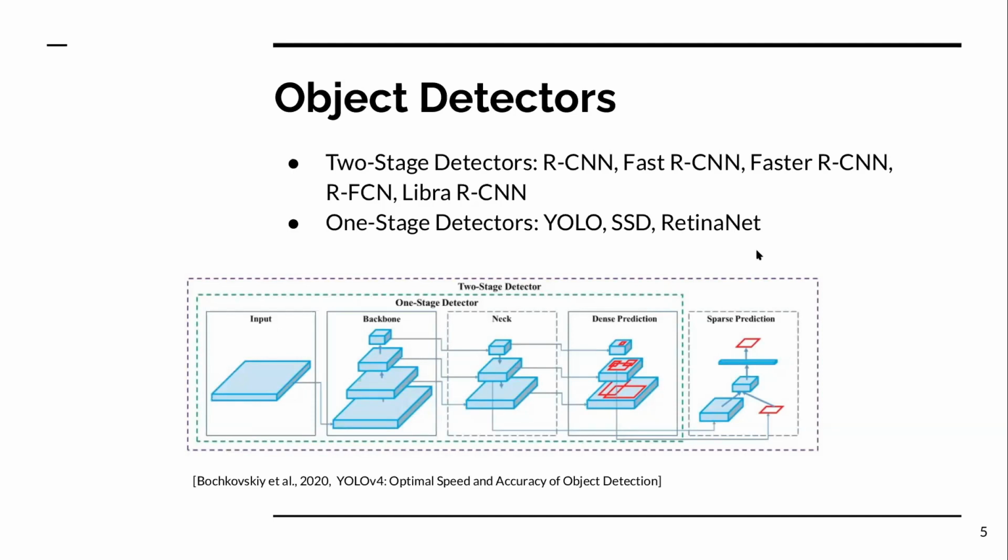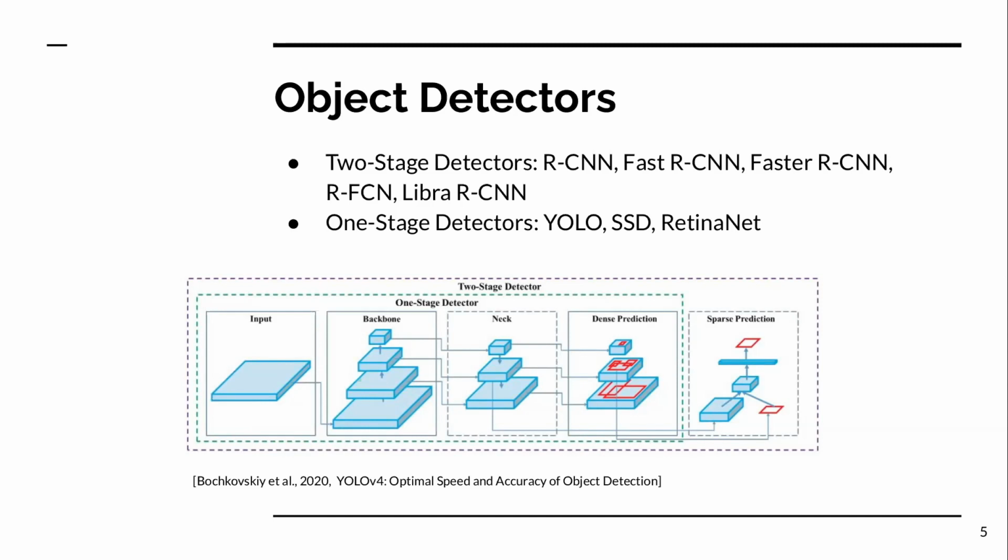The two-stage detectors, which are the older models, include names like R-CNN, for regions of interest convolutional neural networks, and the whole family of different R-CNN networks, for example Fast R-CNN, Faster R-CNN, and other variations. For one-stage detectors, you can find algorithms and solutions like YOLO, SSD, that's single shot detector, and RetinaNet.